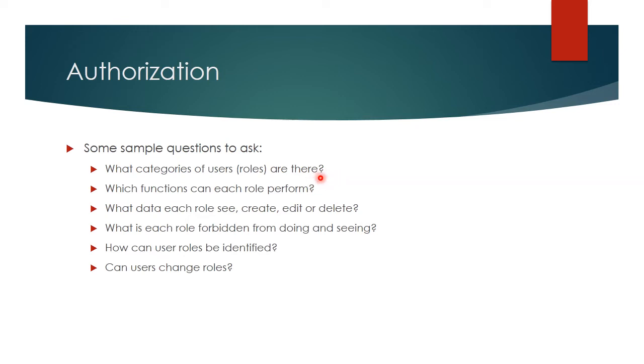So a lot of classification goes into the user roles, based on the user's role, their job, what tasks they need to perform, and what function is given to them. What features are they allowed? Can they edit?